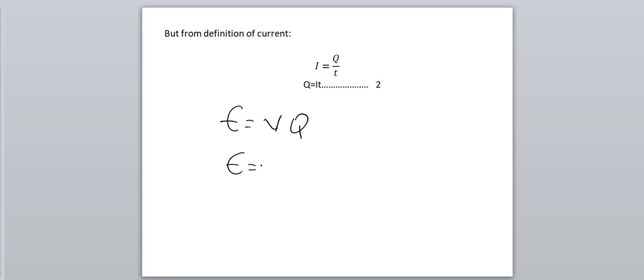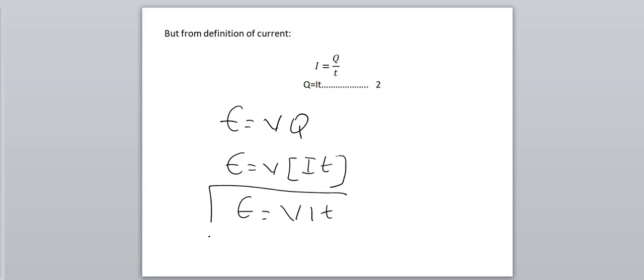So energy is V multiplied by IT, which gives VIT. So this is the standard formula for electric energy. Electric energy equals voltage multiplied by current multiplied by time. All right, so take note of that.